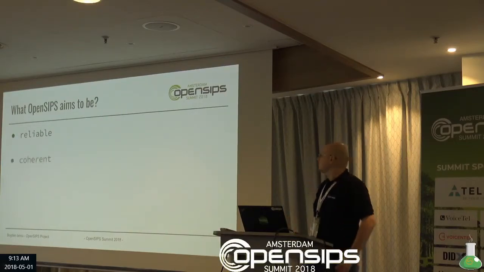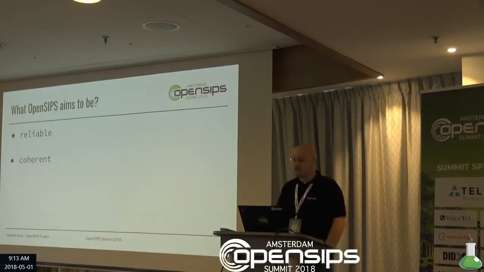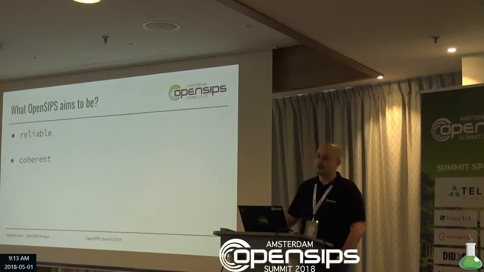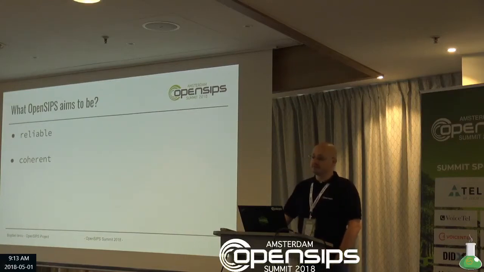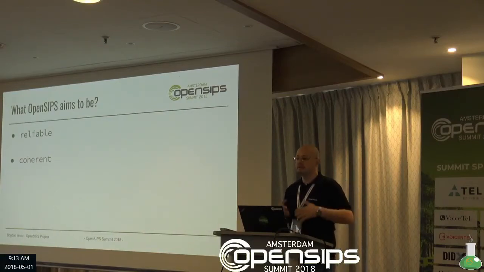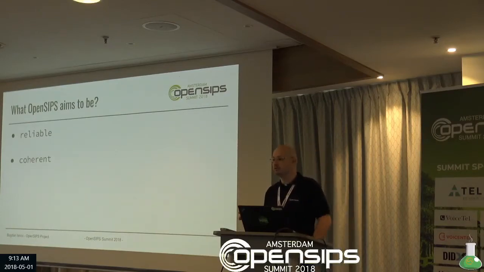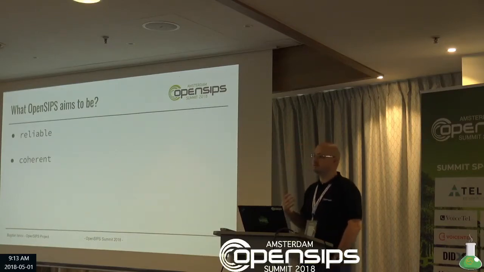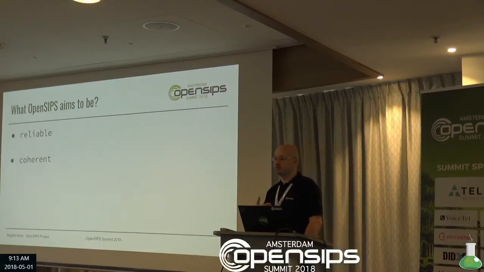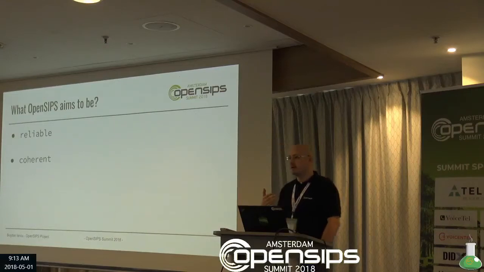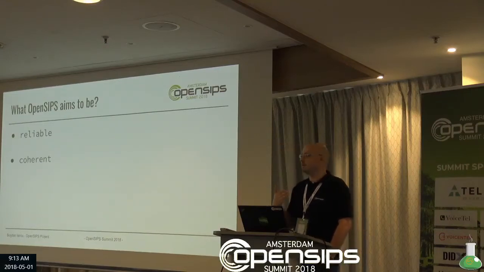Another thing that we aim for is being a coherent software. That's mainly in terms of the development plan. We are not simply randomly picking and piling up features or functionalities into OpenSIPS. The whole development, even if sometimes maybe it's not so transparent for you, is quite well planned, even, let's say, 1 year in advance.